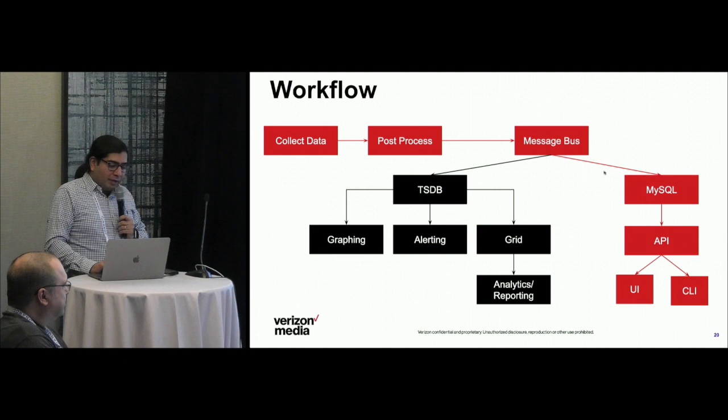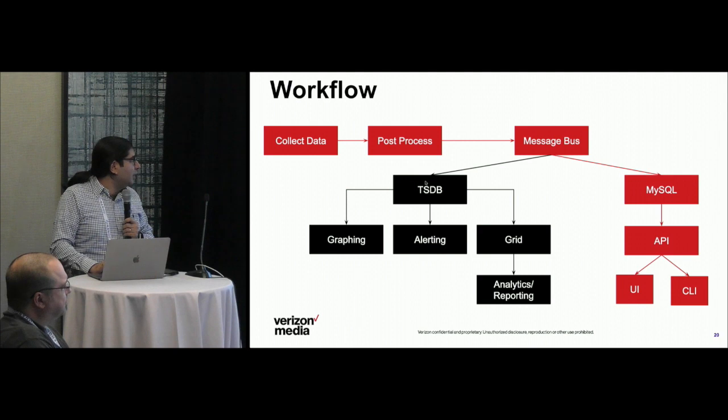We also have another flow which we've not open sourced yet. We also send this data to a MySQL server to build purpose-specific APIs. I have a slide about that later. But basically, this is longer-term historical data. This is faster, instantaneous data.